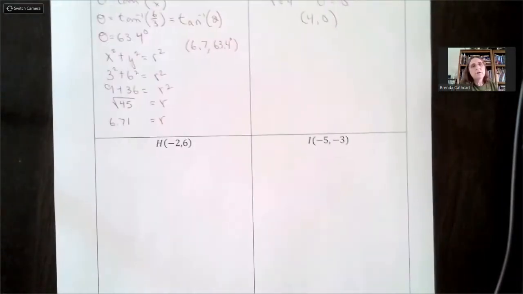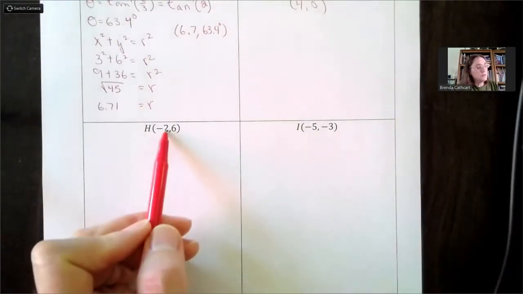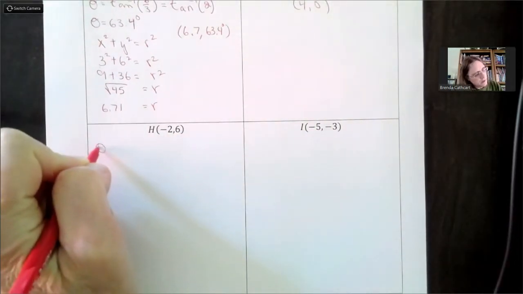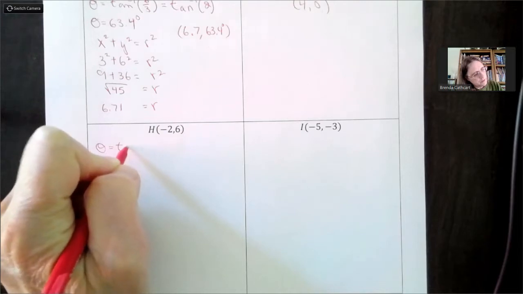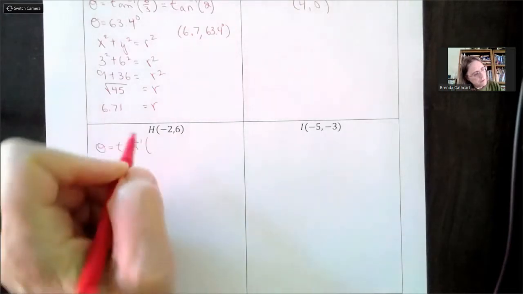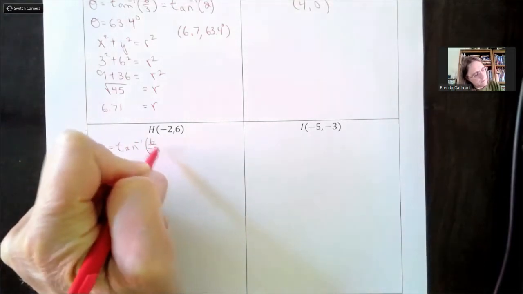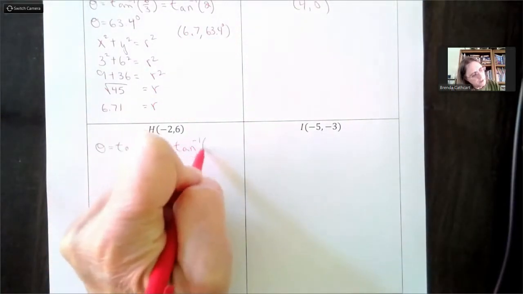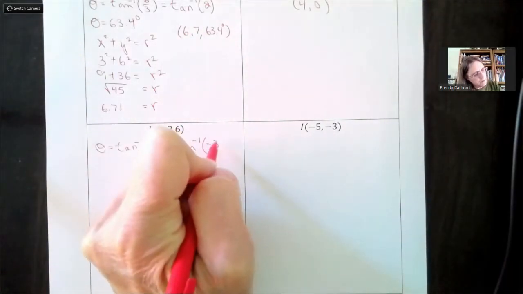On our next one here, point H, we have an x-coordinate of -2 and a y-coordinate of 6. So our angle is equal to the tan inverse of 6 divided by negative 2, and we know, of course, that 6 divided by negative 2 is just negative 3.